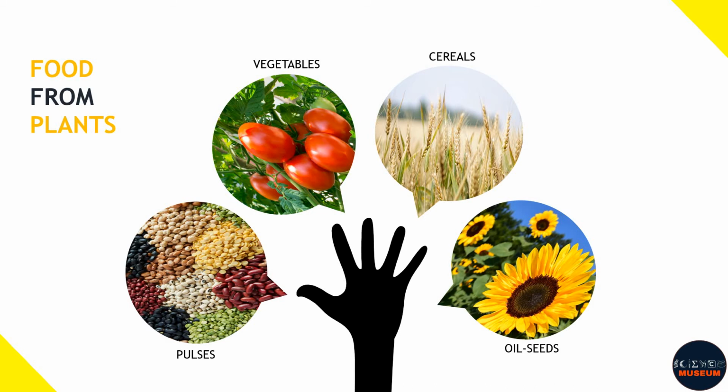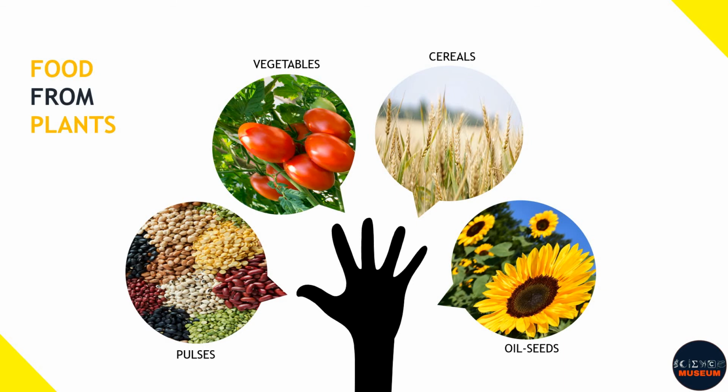The major cereals in India are rice, wheat, maize, jowar, bajra, etc. And pulses. Pulses are the second major part of our food after cereals. These are an important source of protein. The most common pulses grown in India are gram, pea, soybean, lentil, beans, green gram, etc.